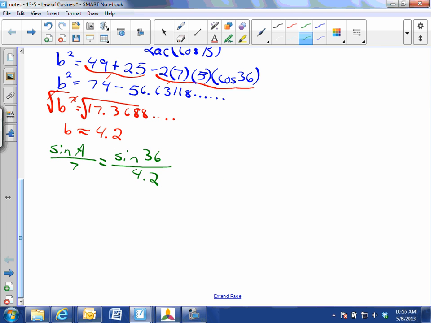Okay. I'm still confused how you got the square root of 17.3688. How we got 17.3 or how we got the square root? Okay, so you understand how we set it up up here? Okay, so then I just put those together, so I added to get 74.